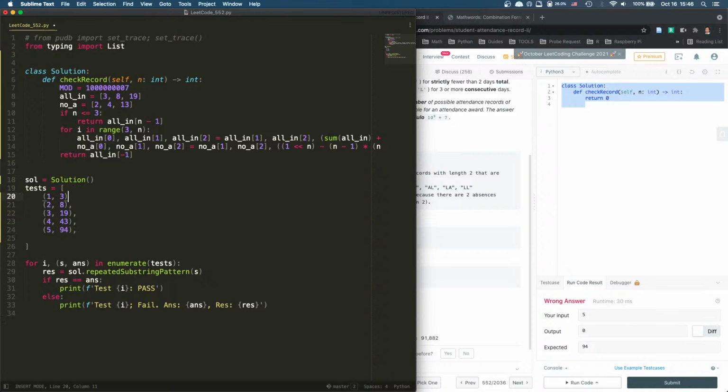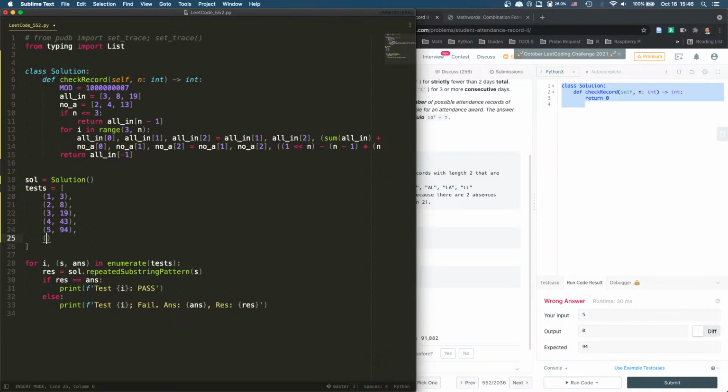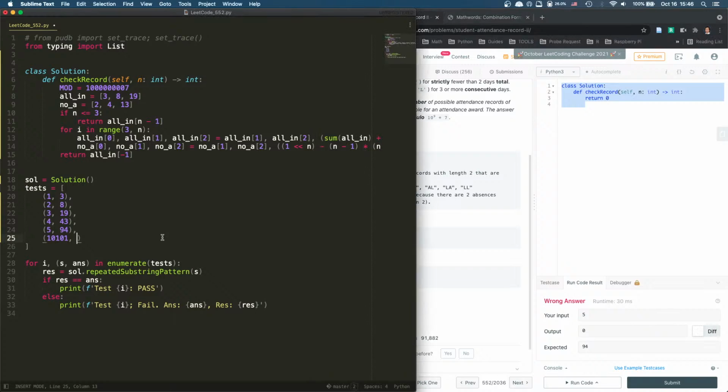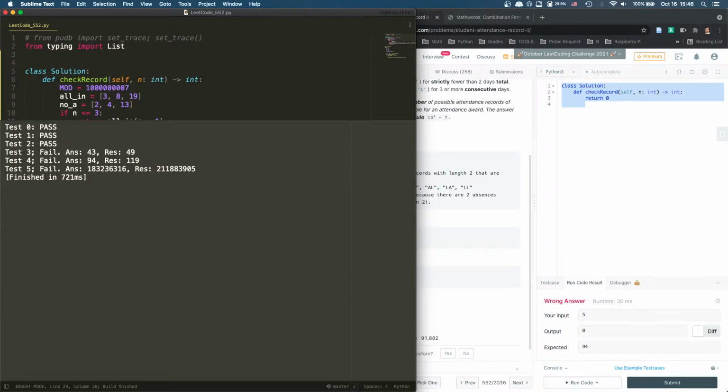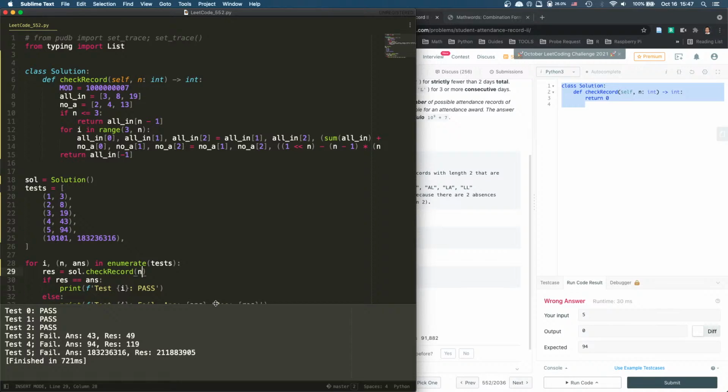And then we have this big one, 10,101. I'm going to return this value. Alright, and then this is going to be n. This is going to be check record. And we are off. Of course, these 3 will pass. That's not the issue.